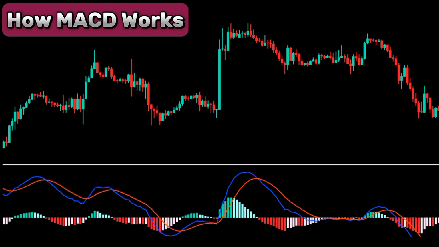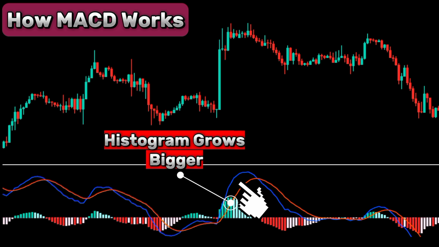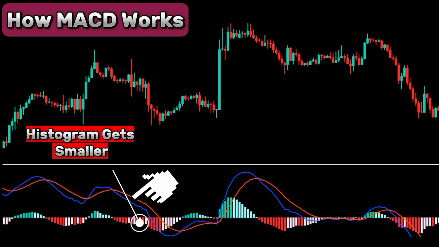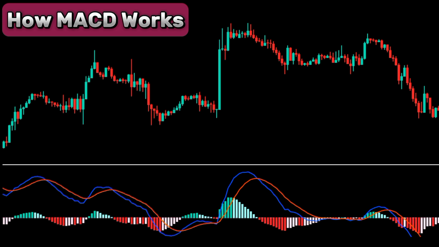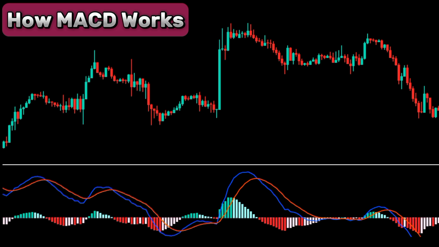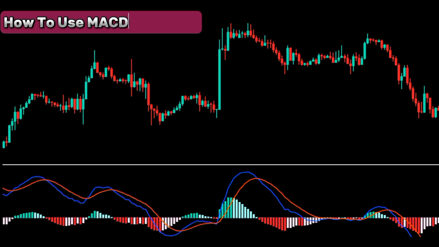And the gap between the signal line and MACD line also contributes to the different size of this beautiful histogram. For example, when the two lines are farther apart, the histogram will get bigger in size. And when the two lines are closer or tighter, the histogram will appear in smaller sizes. And here we have the final part of the MACD indicator, called the zero line, which represents the center of the MACD indicator. Now that you have known how it works, let me show you how we use the MACD indicator for trading.